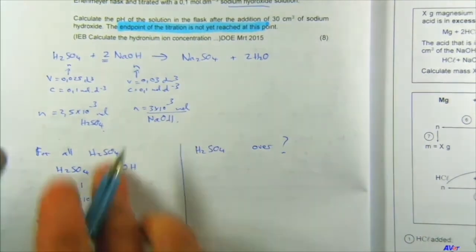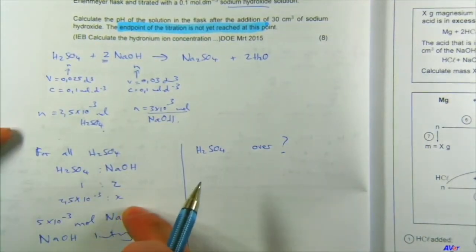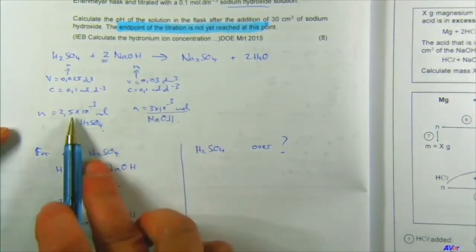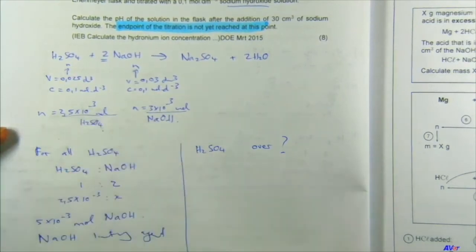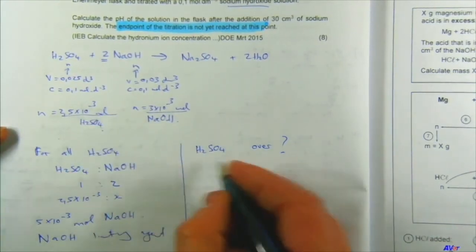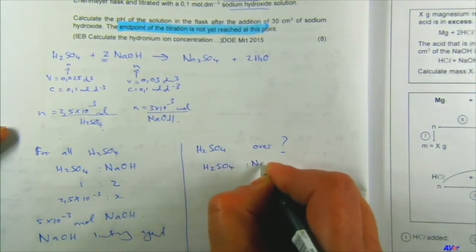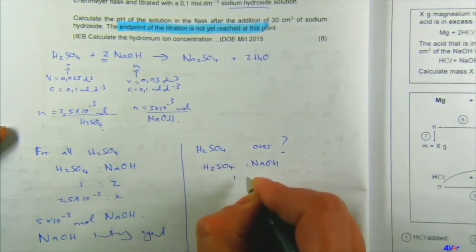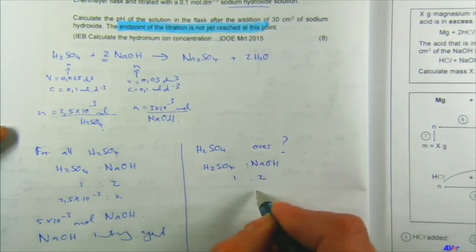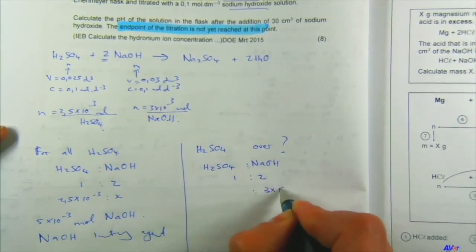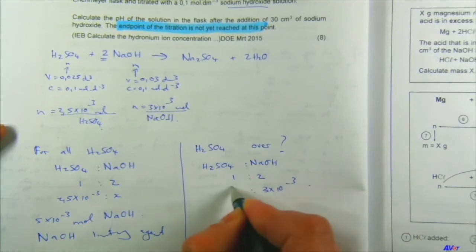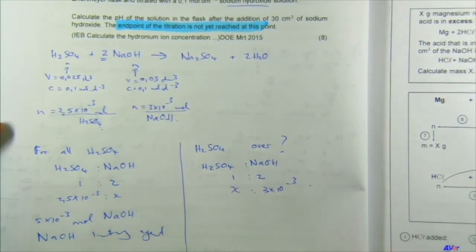Now, can I use my previous decision step? I started out with 2.5. Do I know how much reacted? No, so I have to go do the other way around as well. H2SO4 to NaOH, they're in the ratio 1 to 2. And now I know if 3 times 10 to the minus 3 of this is going to react, how much H2SO4 is going to be used?